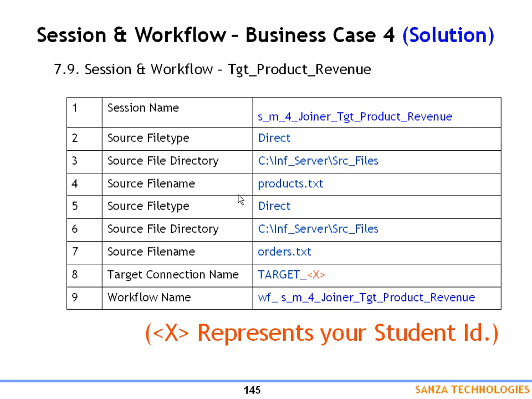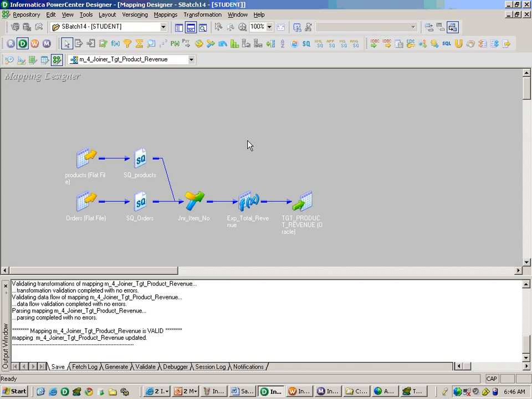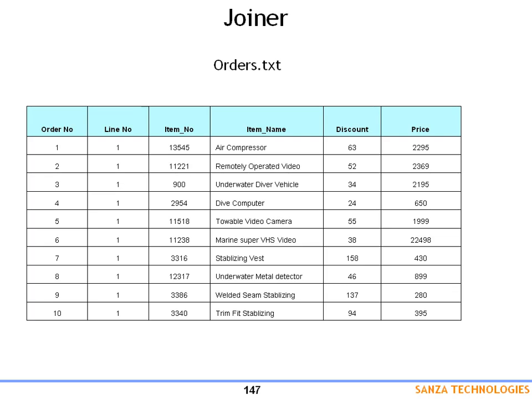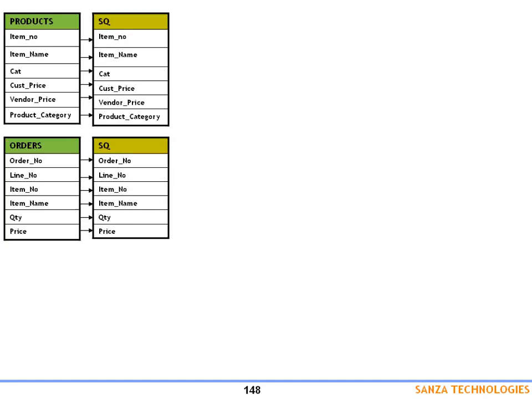Now let us assume that you have a source which has this data in the file products.txt, and a source called orders.txt. So you have two files. You created the mapping. In the joiner transformation, you provided the join condition.